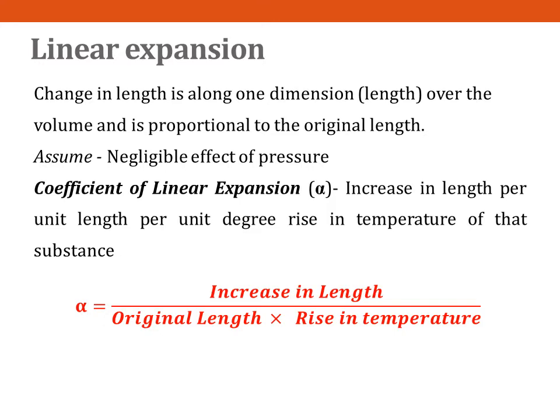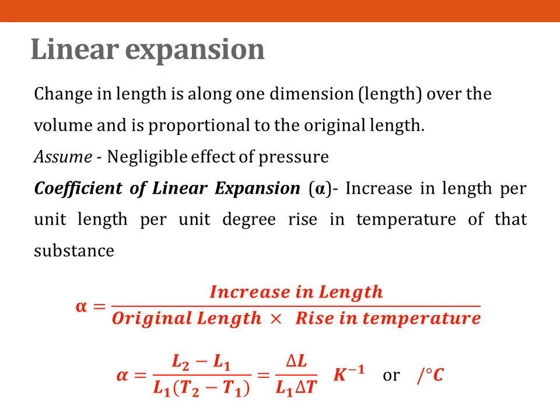The original length is L1 and the rise in temperature is T2 minus T1, where T1 is the temperature before thermal expansion and T2 is the temperature after thermal expansion. Therefore, alpha is given by delta L divided by L1 into delta T, and the unit is Kelvin inverse or per degree centigrade.